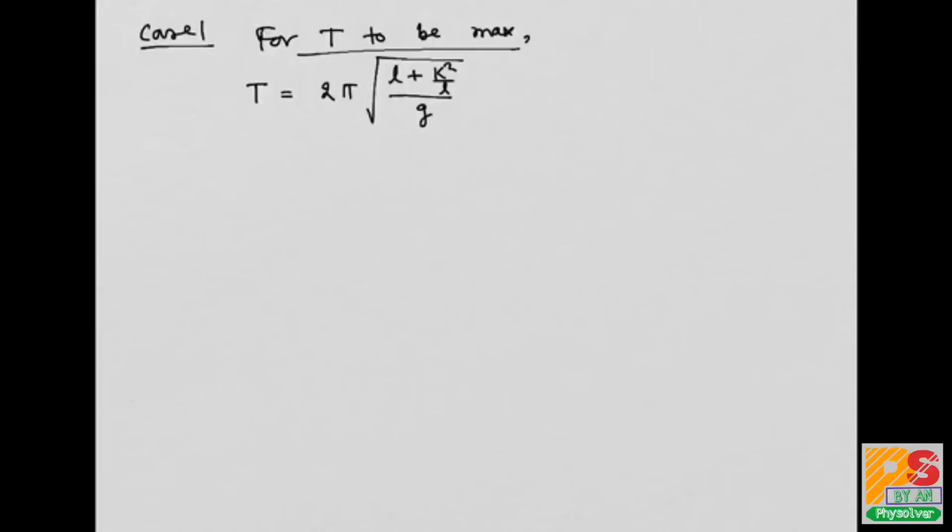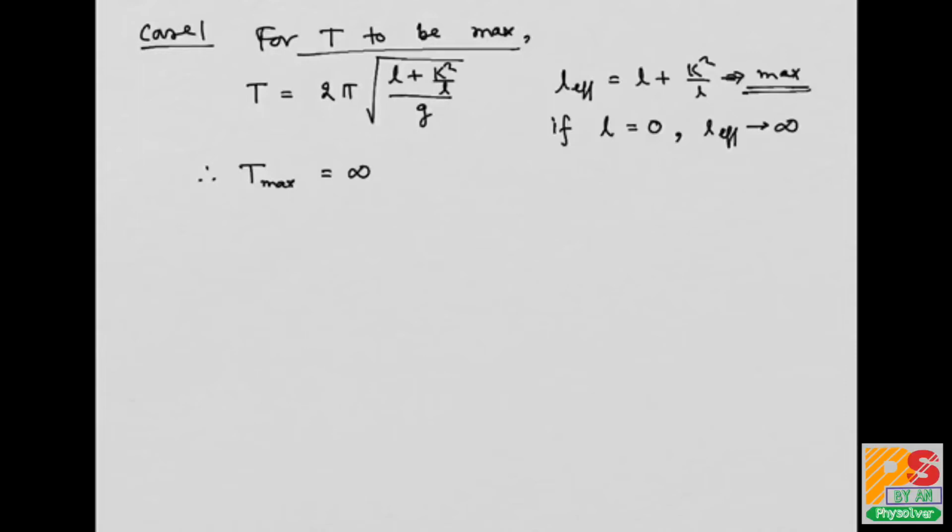So for T to be maximum, this L effective should also be maximum. Now when does this value maximize? It is very clear that this value will maximize if L tends to 0 or L becomes 0. So if L becomes 0, L effective becomes infinite, right? Therefore T max is also infinity.